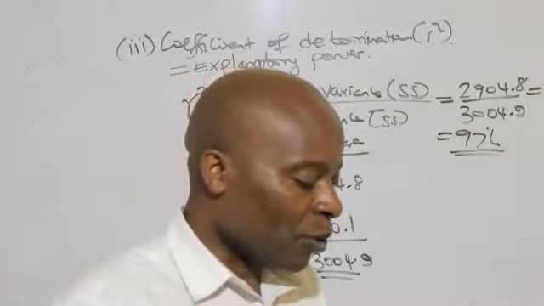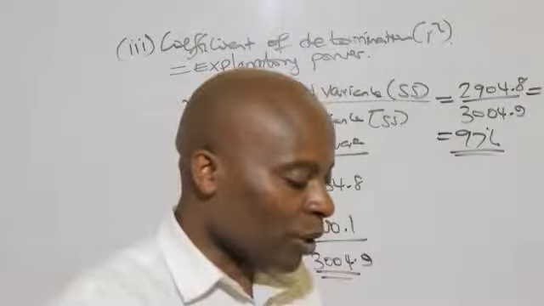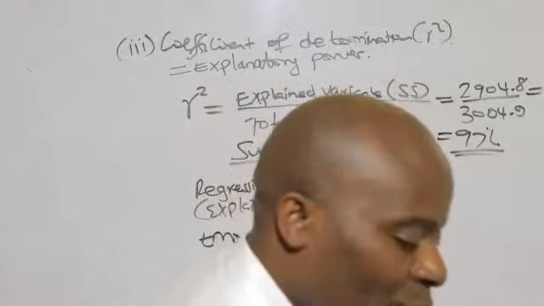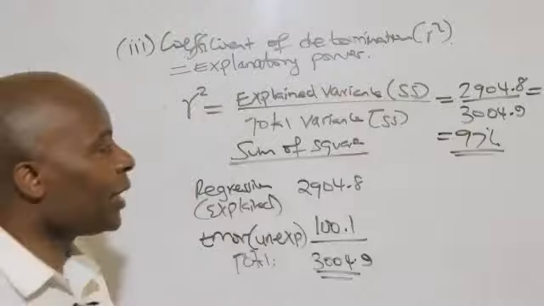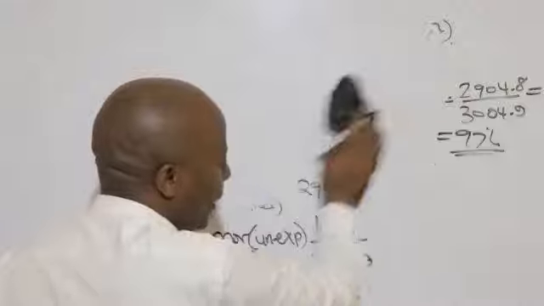Look at number 4. They want us to do something very easy. They want us to test the statistical significance of each predictor variable. Remember, significance tests are also known as what here? Hypothesis tests. We've got 2 types of hypothesis tests: the predictor variables hypothesis test, and the whole equation hypothesis test.